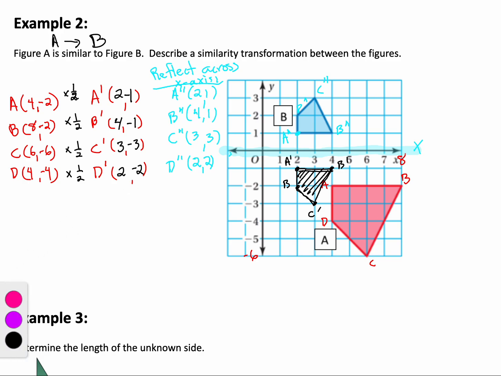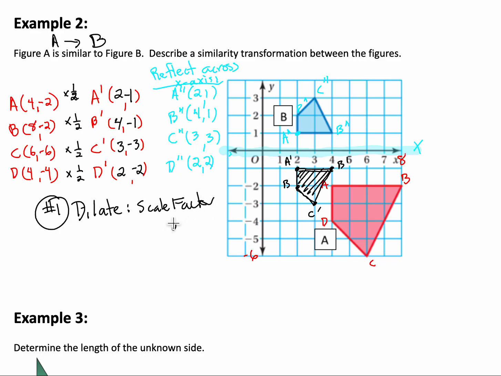So the directions describe a similarity transformation. So there are 2 steps. The first step was with this one, so I'll do that in black. Number 1 step was to dilate with a scale factor of 1/2. And that was times 1/2 for each of those.